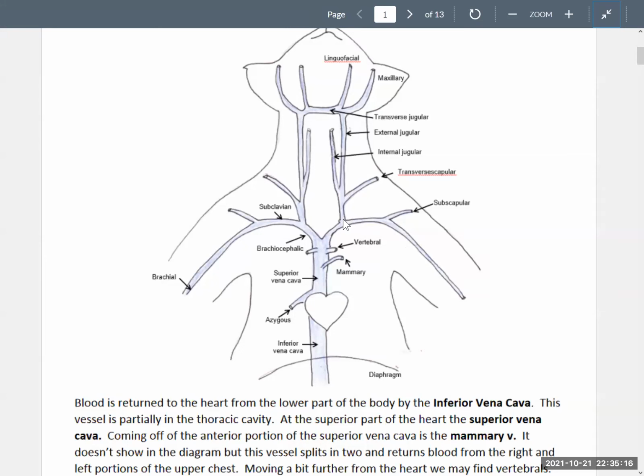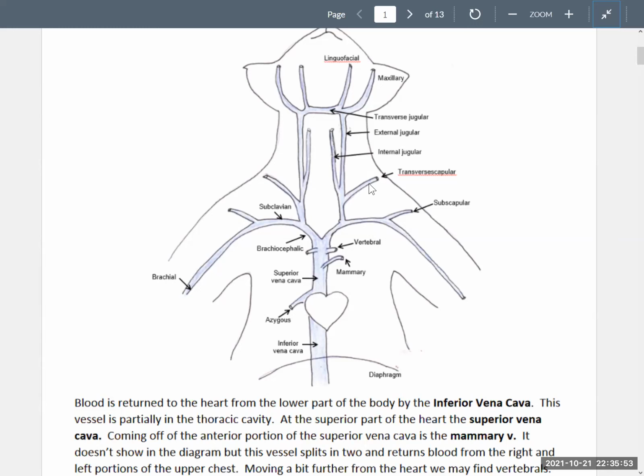The external jugular here goes up and makes a circuit. In some cats, this is really easy to see. I've got plenty of good pictures of this. Before it gets that far, though, the first vessel off of it is the transverse scapular. The transverse scapular goes over the scapula, whereas the subscapular goes onto the other side.